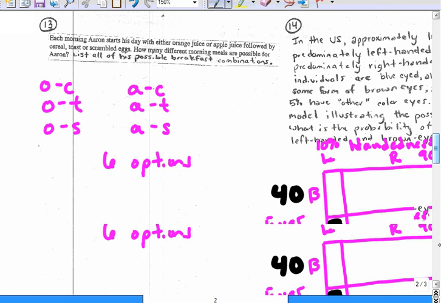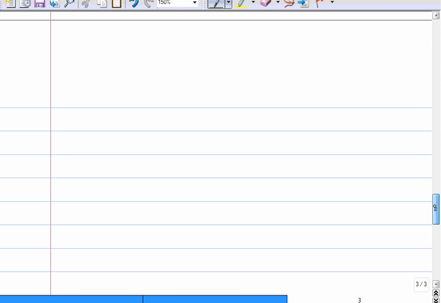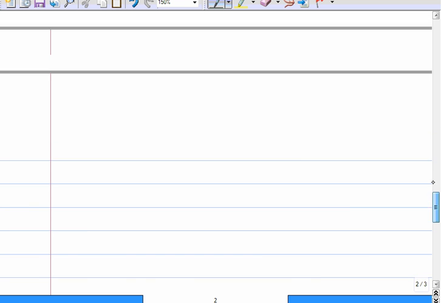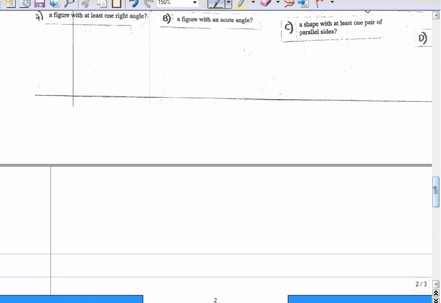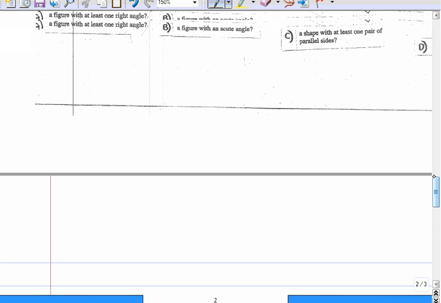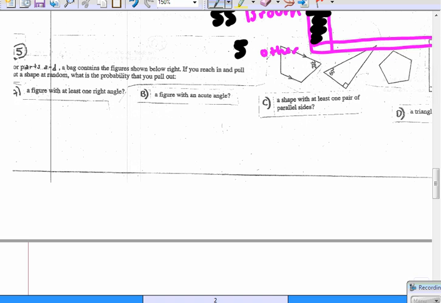Okay, and last but not least, problem number 15. We have a bag containing the figures. If you reach in and pull out a shape at random, what is the probability that you pull out a figure that has at least one right angle? So let's take a look.